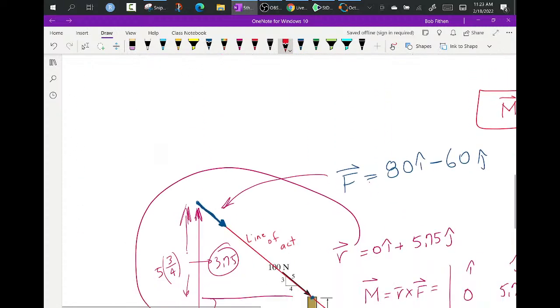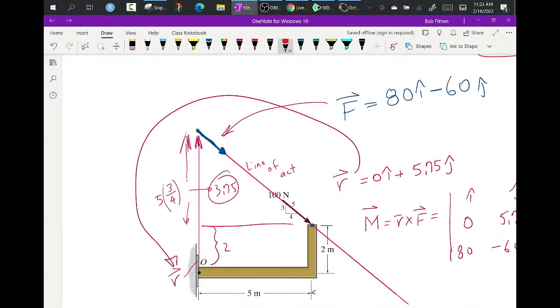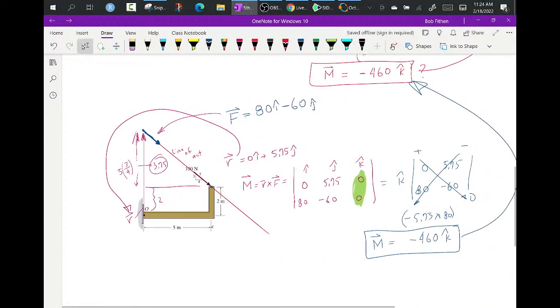Then we decided to move it all the way back to the base. Same line of action. So as a matter of fact, we can make the math harder by arbitrarily putting this force anywhere. This force can be moved anywhere along the line of this action. It will still result in the same moment regardless.